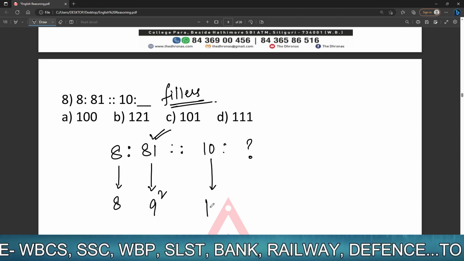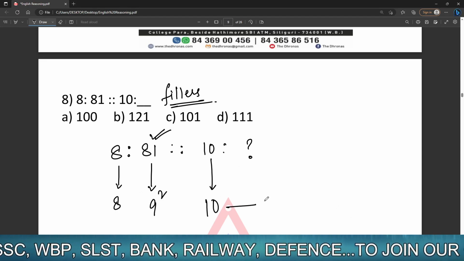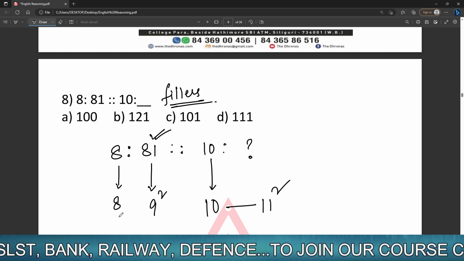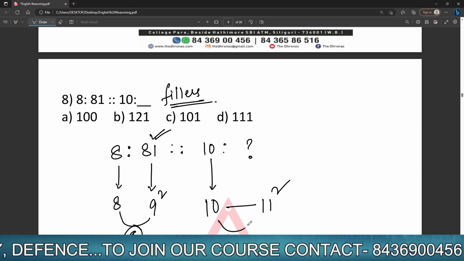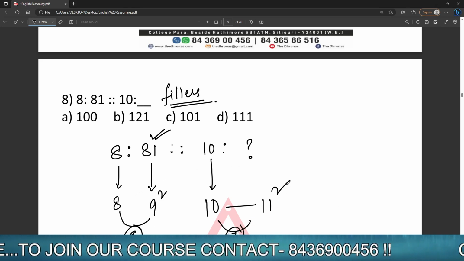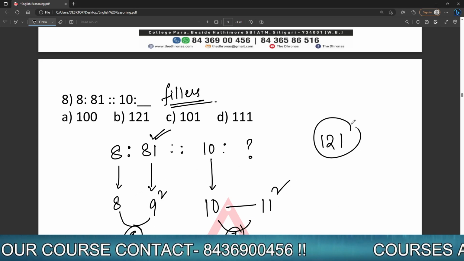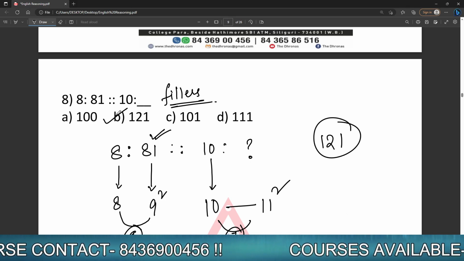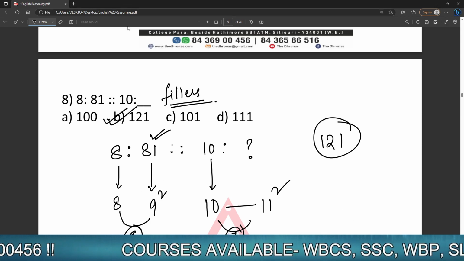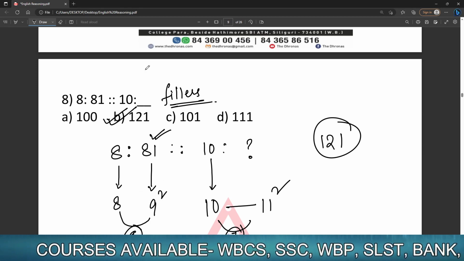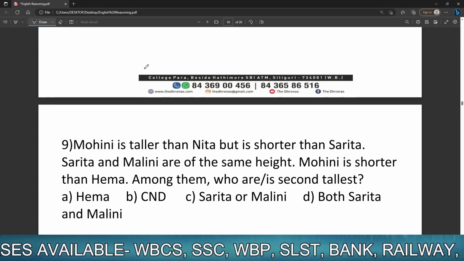So if it is 10, the next value should be 11 square, because 8, 9, 10, 11. 11 square is 121. So the answer of this question is 121. Chalo, next.